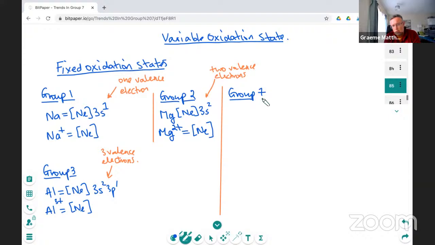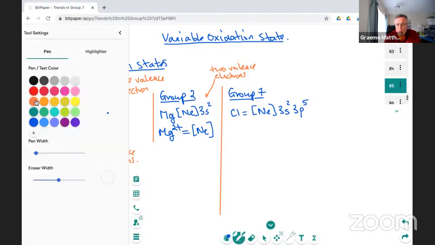So chlorine is going to be neon 3s2, 3p5, right? Now, keep in mind, you're thinking, right, I've got 7 valence electrons here.